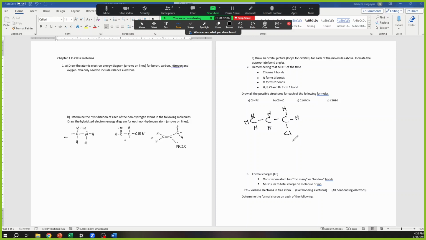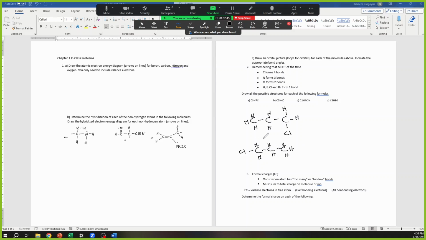Where else could we put this chlorine that it would be different than this molecule we drew up here? So where's another place we could put it? Attach it where? This first C instead. Okay, so carbon, carbon, carbon, attached to a chlorine, hydrogens, hydrogens, hydrogens, hydrogens, hydrogens.